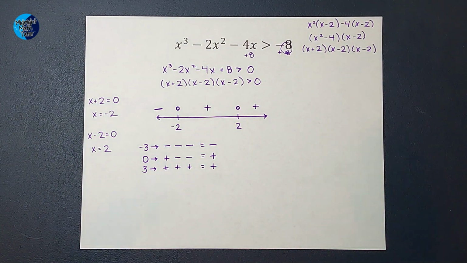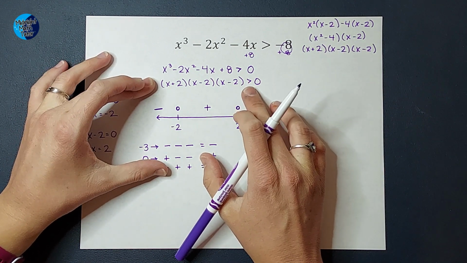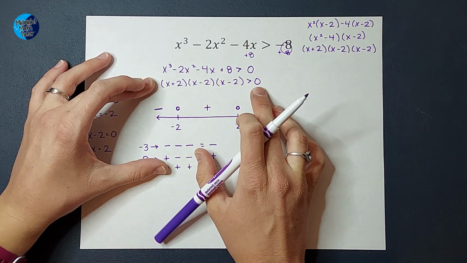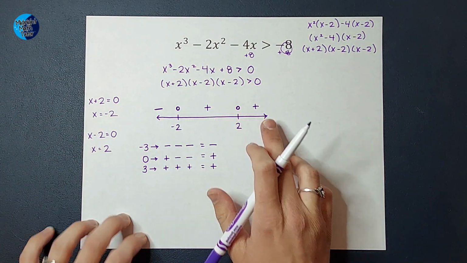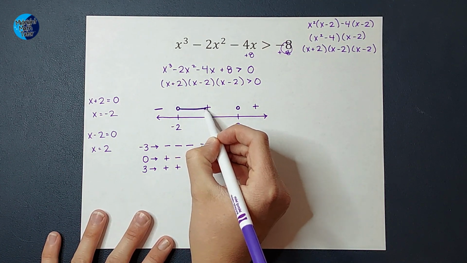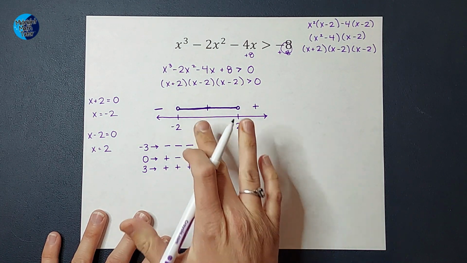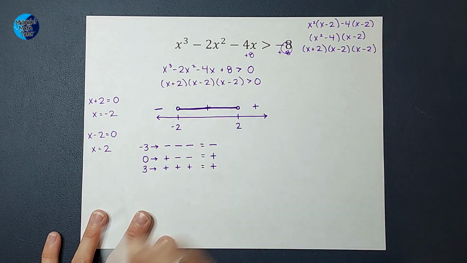Okay, this is when I go back to my polynomial and it is asking when this polynomial is greater than 0. So greater than 0 would be when it's positive, right? So this range of numbers between -2 and 2, if I were to plug in any number between there, I would get a number greater than 0.